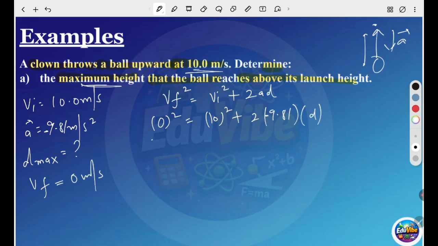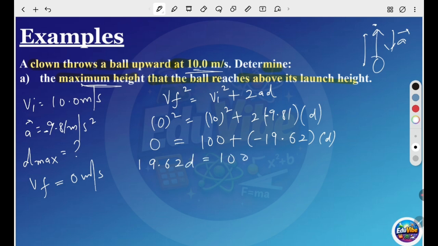So from here, 100 plus negative 19.62 d, so d is equal to 100 upon 19.62.